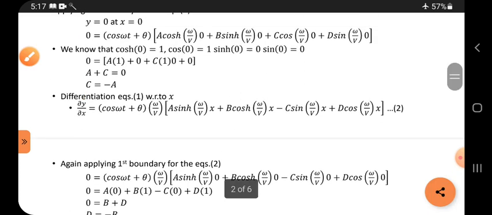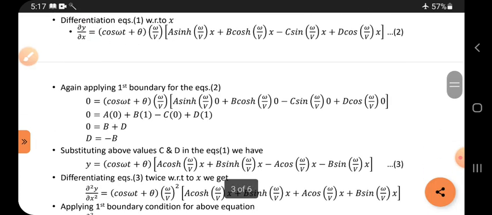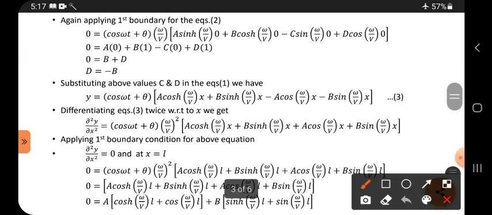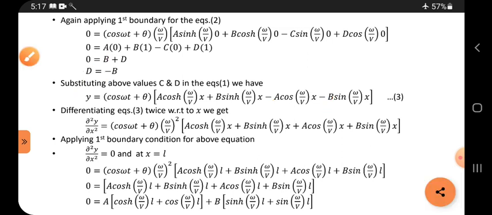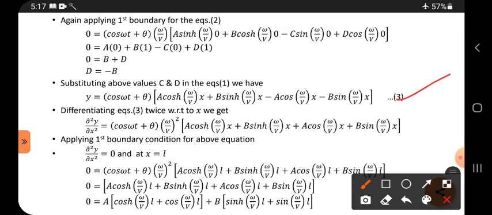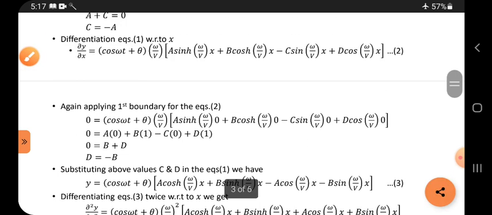Substitute these two values in equation 1: in the place of c put minus a, and in the place of d put minus b. Let it be equation 3. Next, we have to apply the second boundary condition.